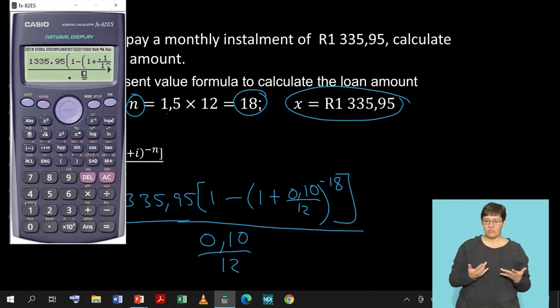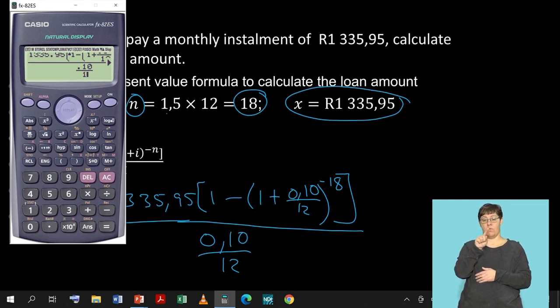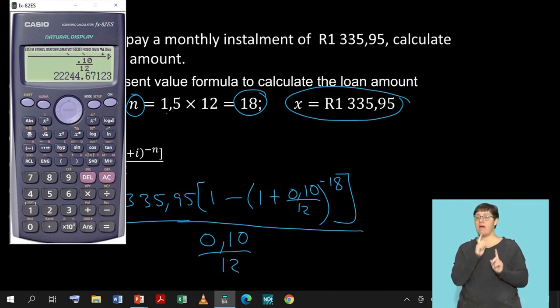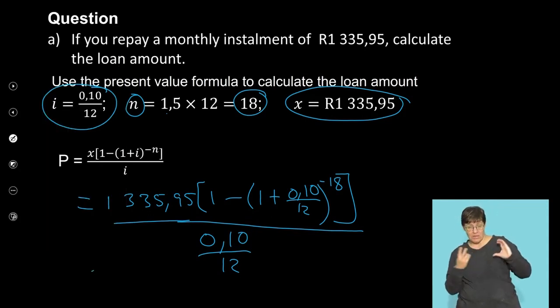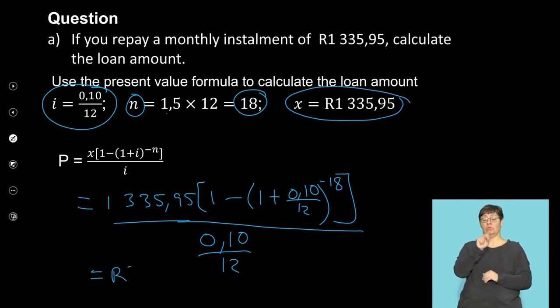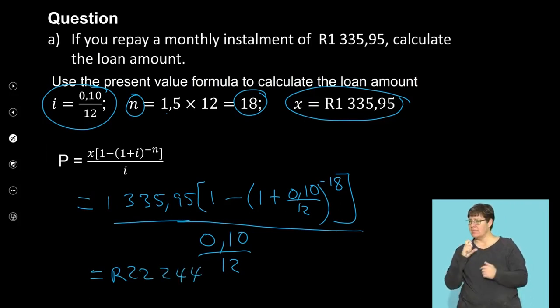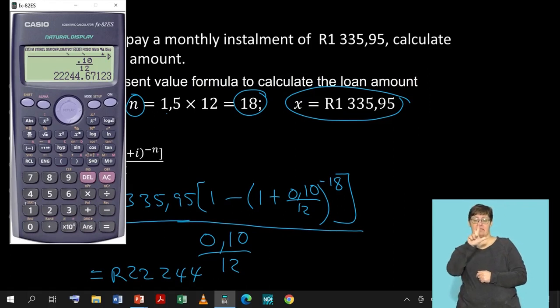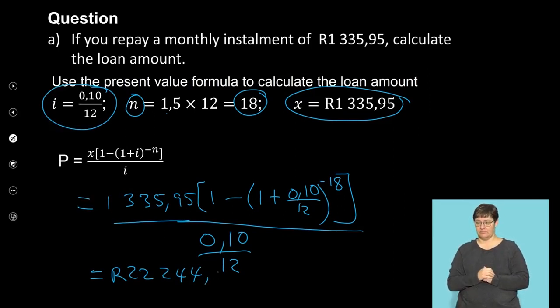So this is divided by 0.10 over 12, and the answer will then be 22,000. So you can see the amount that you need to borrow is 22,244. And how many cents is it? 67 cents, right?